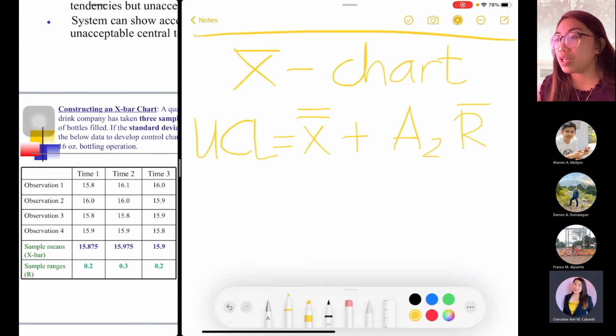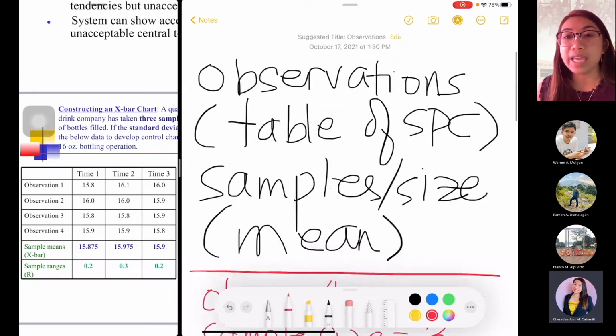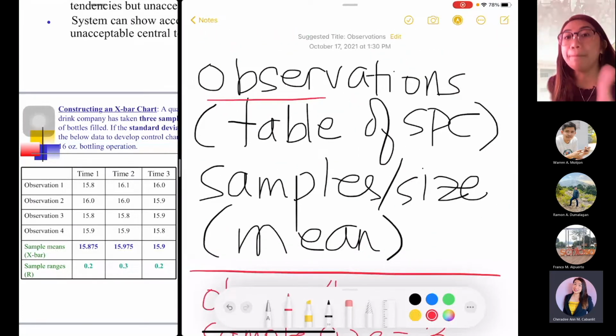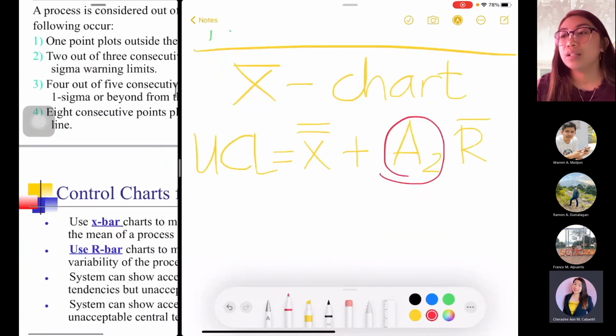Now, the question here is, where are we going to look at A2? So again, take note, the number that is important for us is going to be the number of observations and not the number of samples. The samples is just for the mean or the average. So in this case, A2 should be looked into the table.